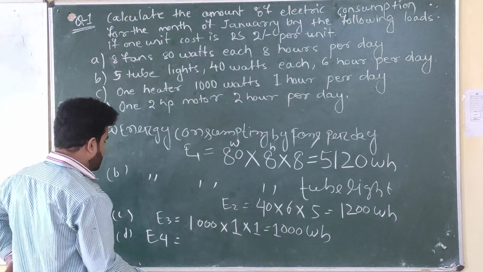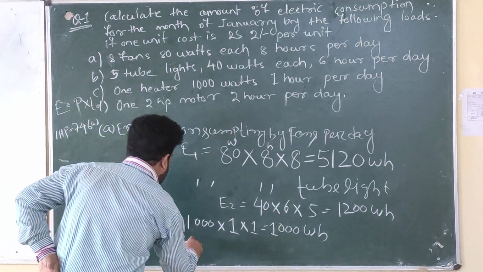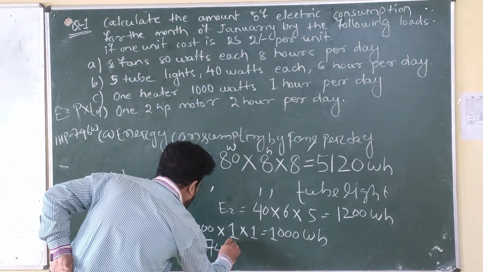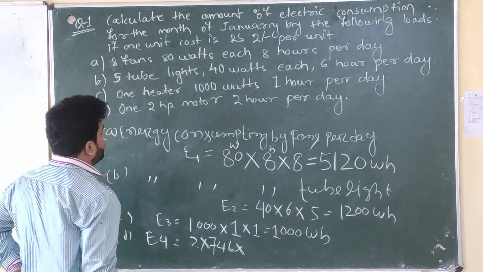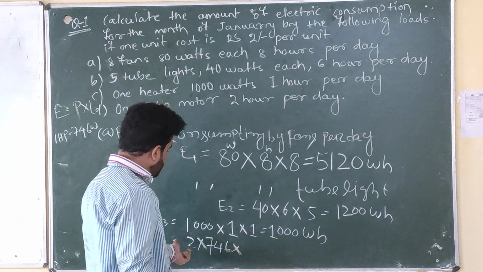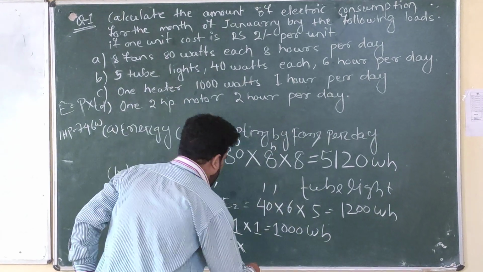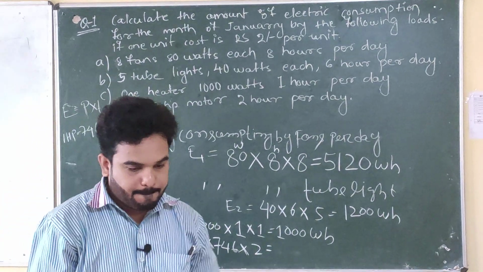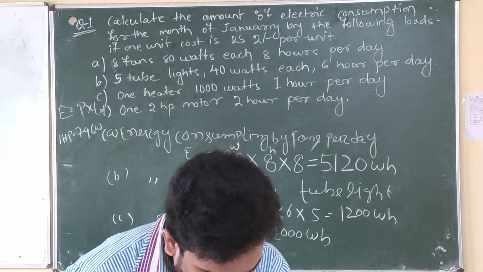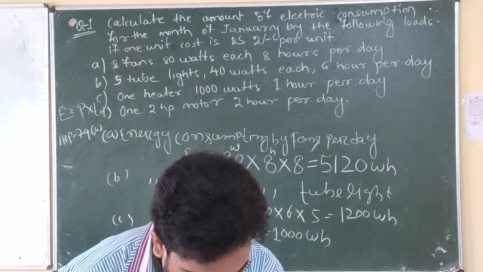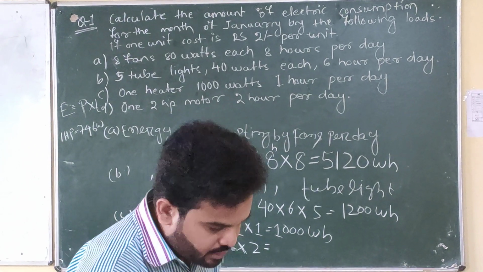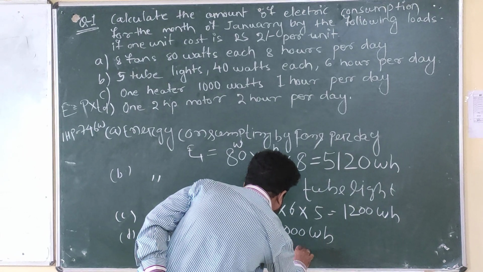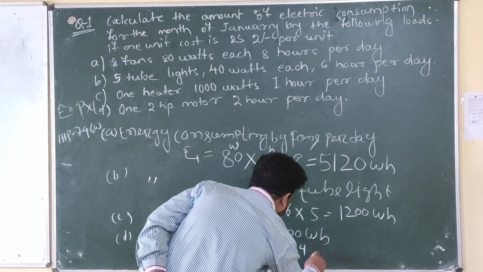So how many watts is 2 HP? 2 into 746 is the power, into time, which is 2 hours. So how much is it? It is 2984 watt hour.